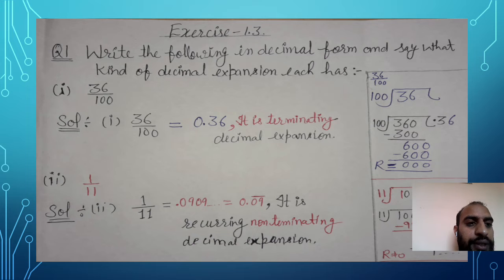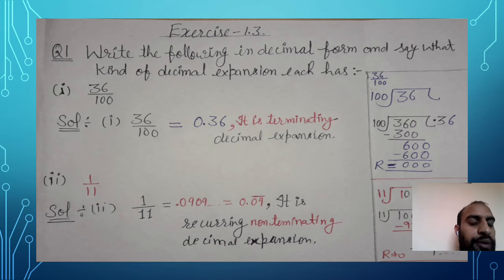by long division method, you can see in the rough area I have written 100 outside, 36 inside. The first task is to put a decimal, it becomes 360. After it becomes 360, then you can easily divide it. 100 3s are 300, 6 left, and it becomes 60.